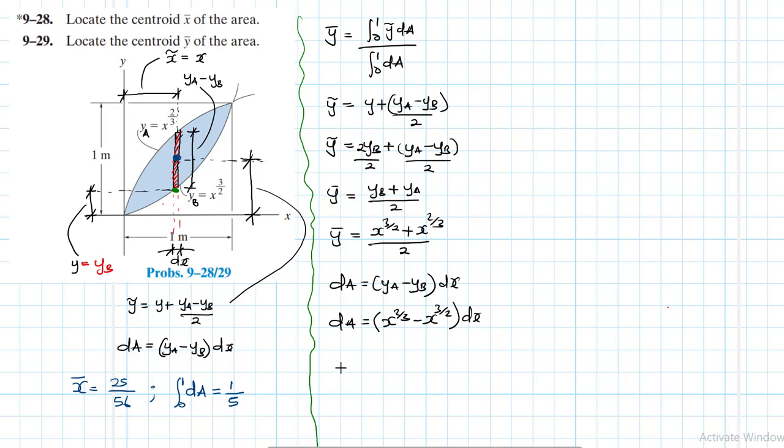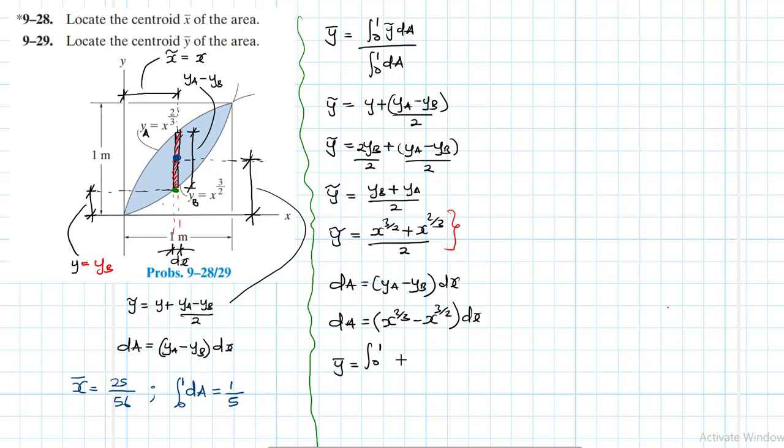Okay, and therefore our y bar is equal to, we start replacing from 0 to 1. Our y bar, what is our y bar? We've already found it. It is this one here, y curled bar. Okay, this is curled. This is the centroid position for the strip.